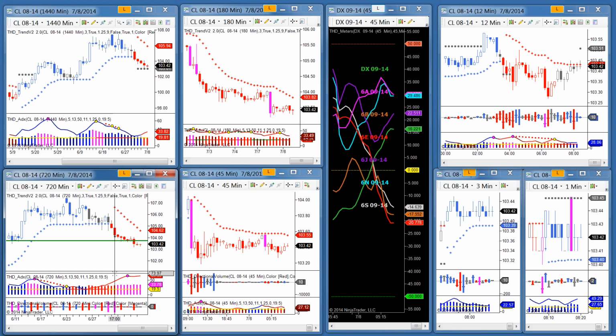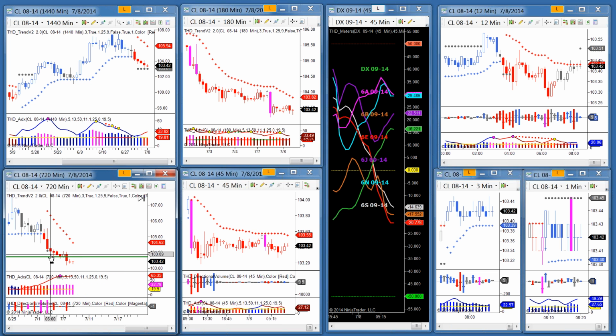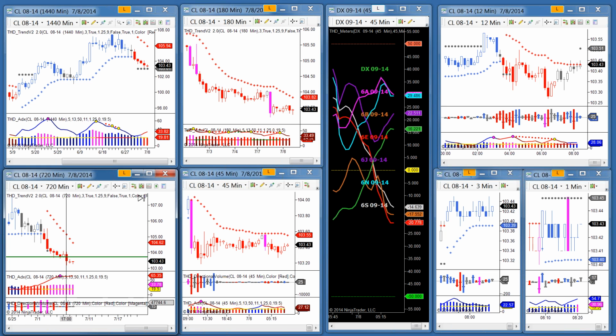Do you see how you're getting all this divergence in here? In other words, as it's making lower lows, the volume is getting weaker and weaker. This is where we are anticipating the magenta peak to come in. Does everybody understand that one?